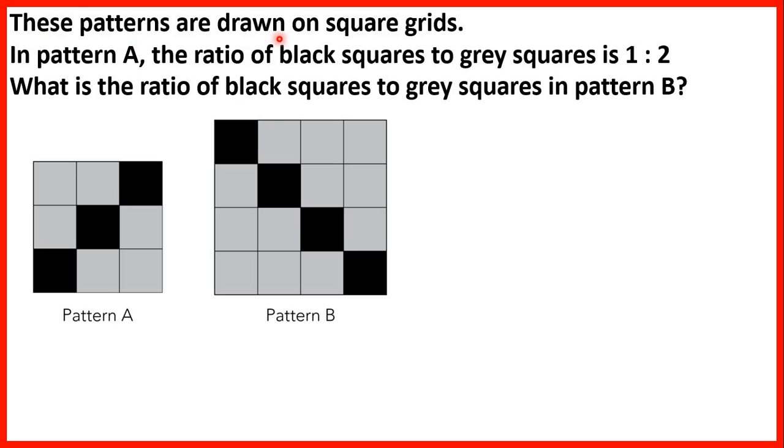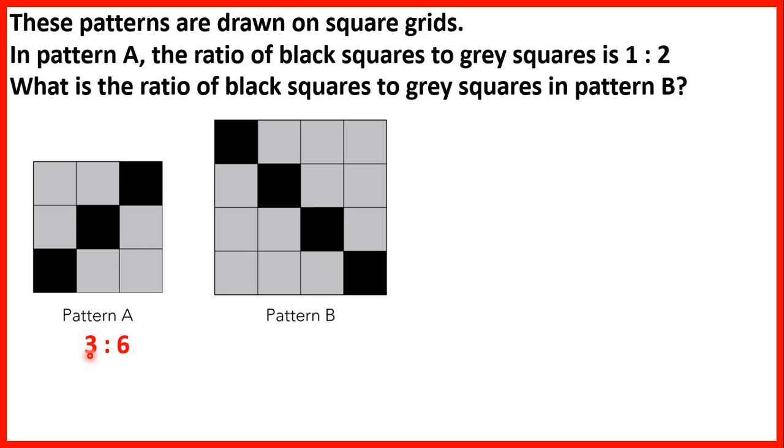These patterns are drawn on square grids. In pattern A, the ratio of black squares to grey squares is 1 to 2. What is the ratio of black squares to grey squares in pattern B? So in pattern A, we have 3 black squares and 6 grey squares.